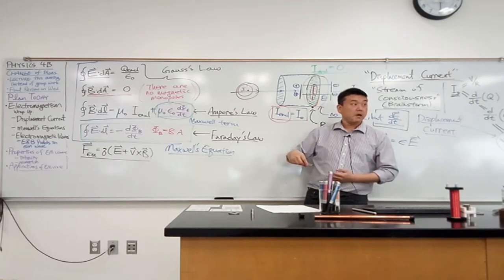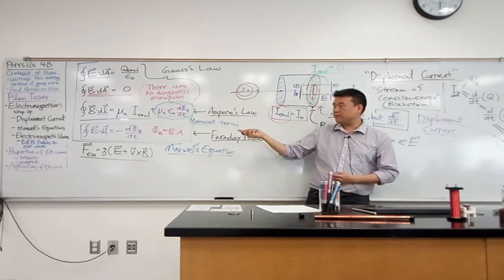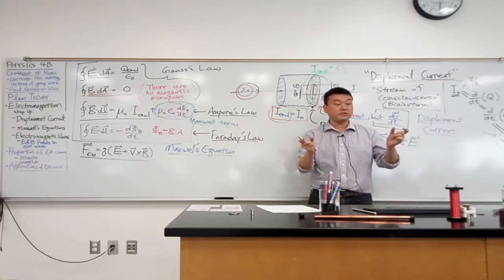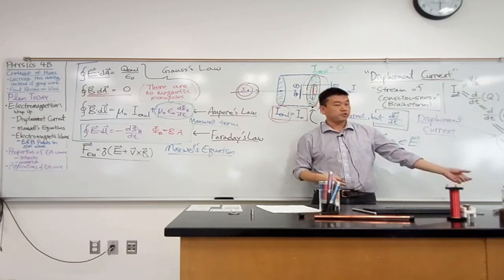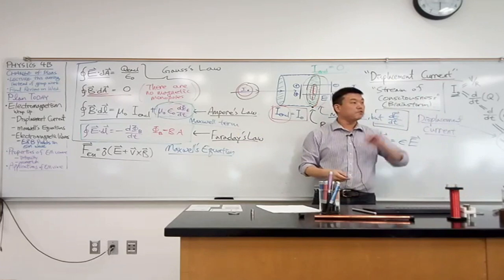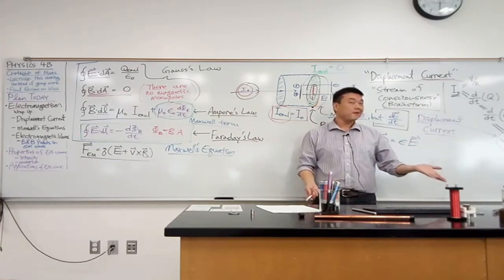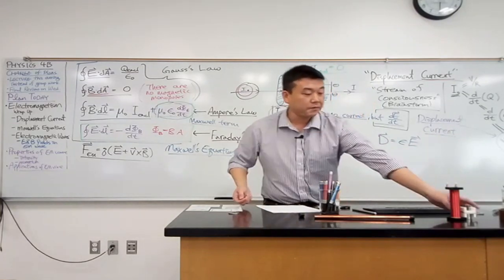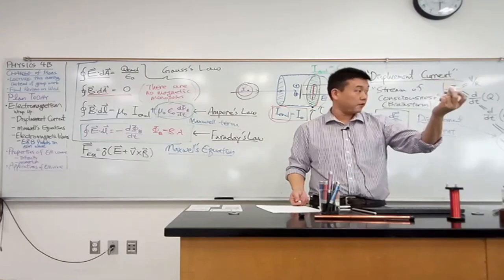Yeah? And I guess this is the place where you might begin to wonder if the relationship is reciprocal. As in, if a moving charge could produce magnetic field, then could a moving magnetic charge produce electric field? Well, there's no such thing as a magnetic charge, but there are permanent magnets that do generate magnetic field.